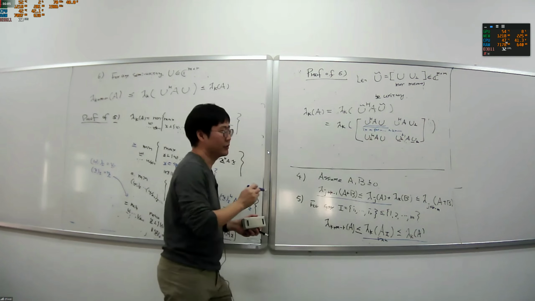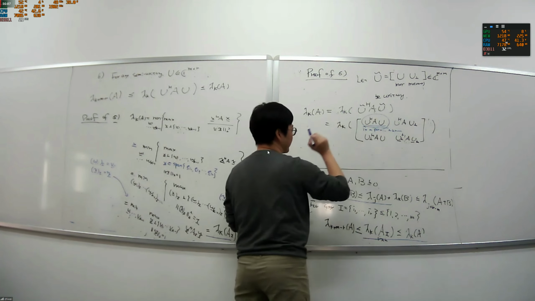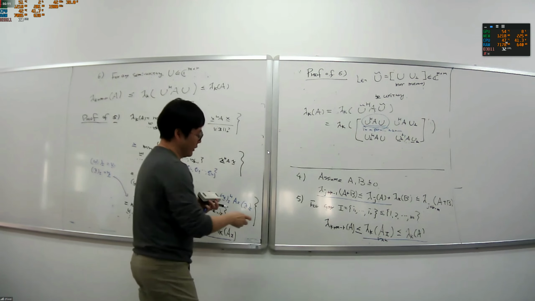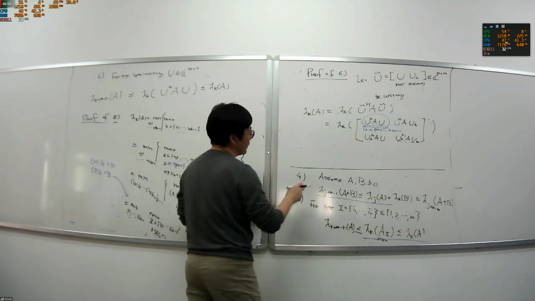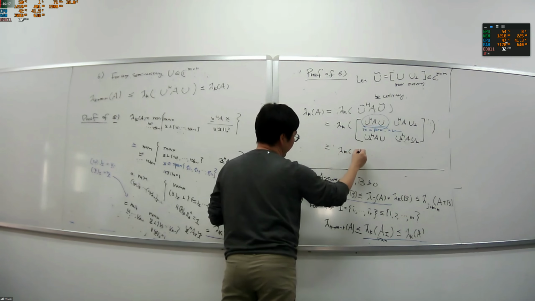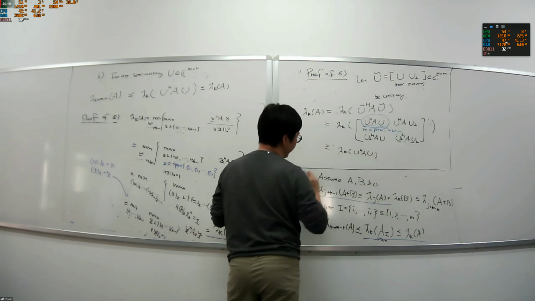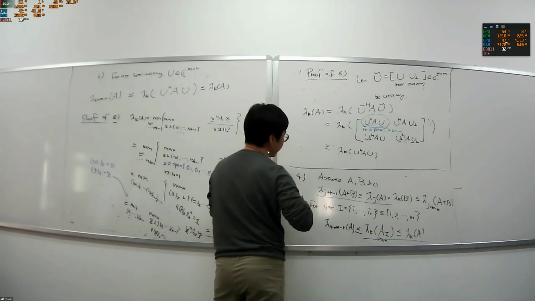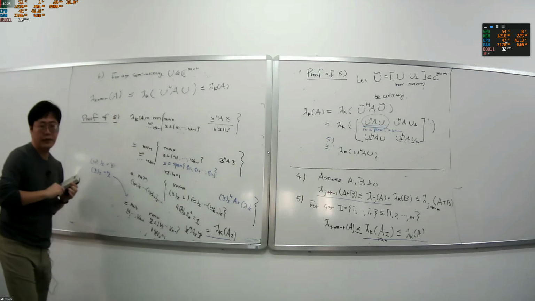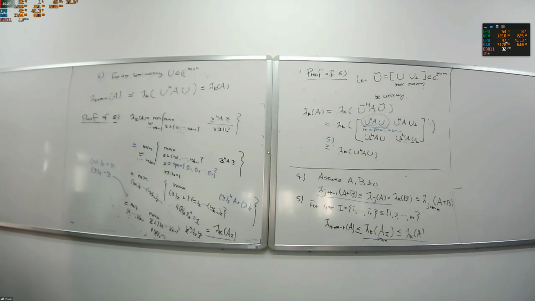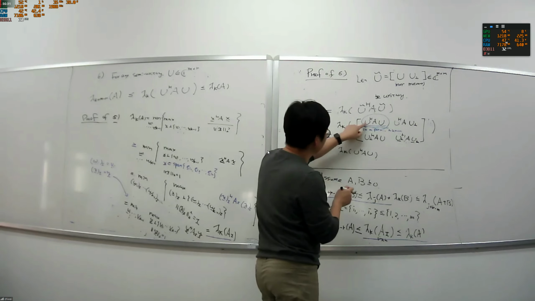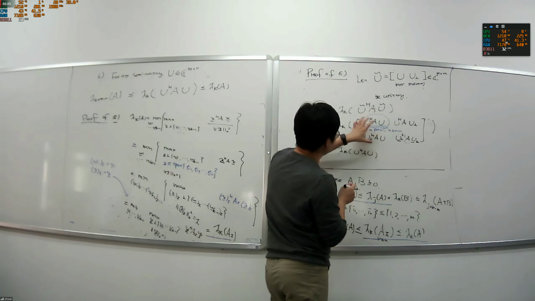So by 5, you know that this is upper bounded. This is by 5. So this is just by the fact that U Hermitian A U is a principal submatrix.